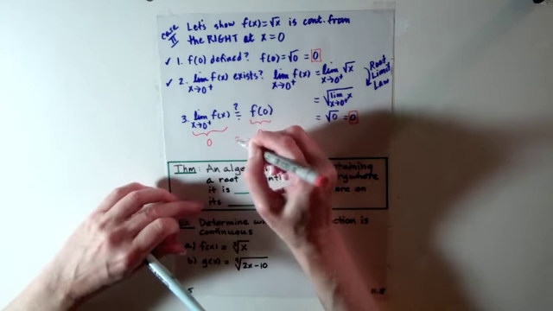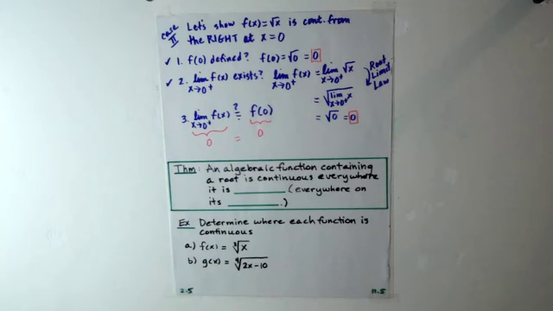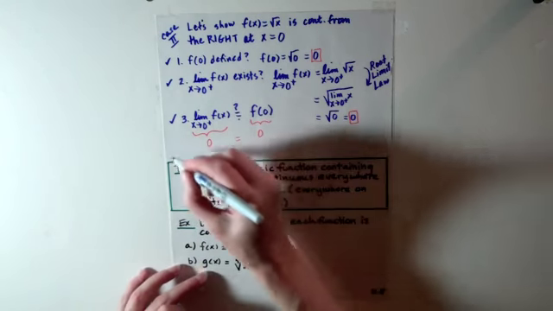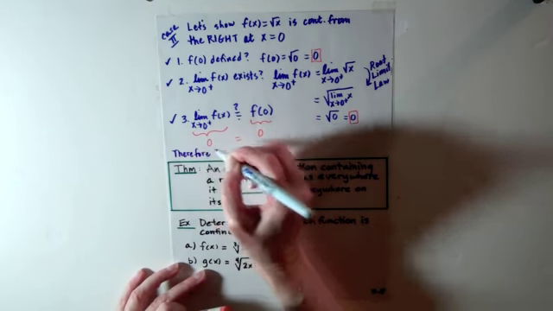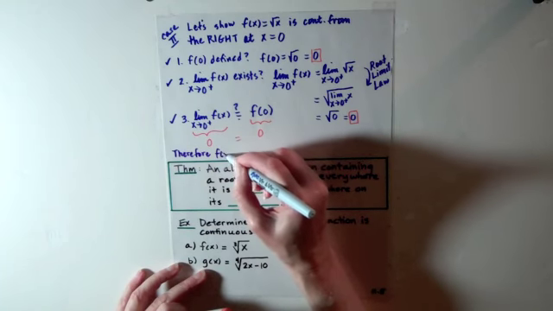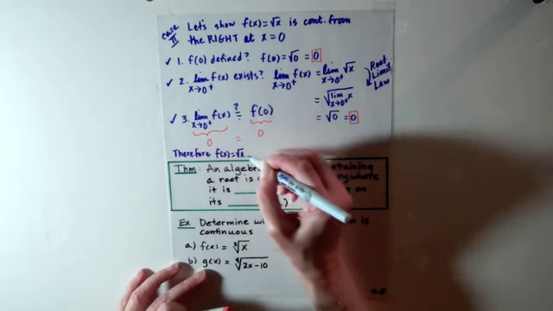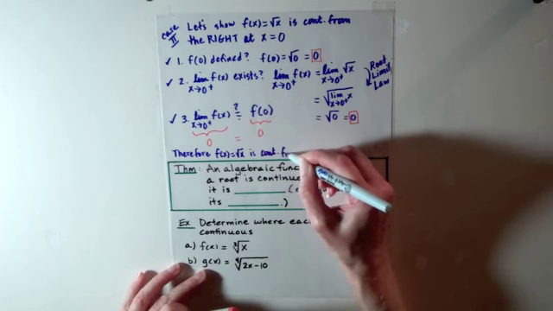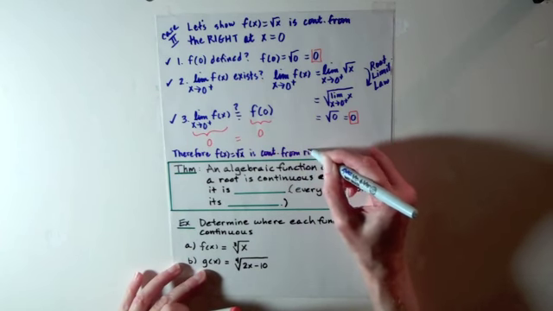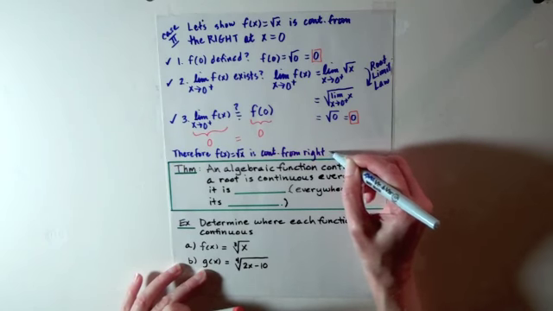So those two things are equal to each other, and that means that our function satisfies all 3 conditions of the definition of continuity from the right at x equals 0. So we could say, therefore, f of x equals root x is continuous from the right at x equals 0.